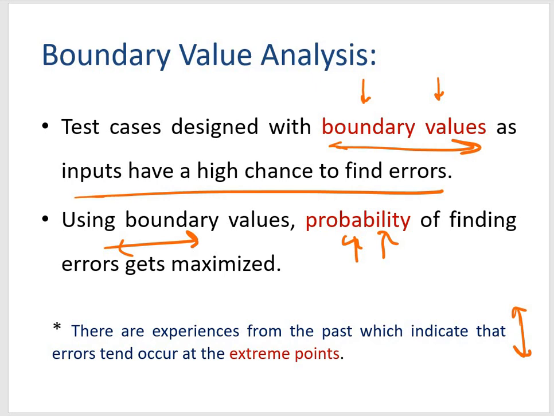The reason is that experiences from the past indicate that errors tend to occur at the extreme points. So it's about arriving at tests that are effective in catching what happens at the boundary. The boundary values mean the maximum and minimum values plus some additional values as well, and then the probability of finding errors gets maximized.